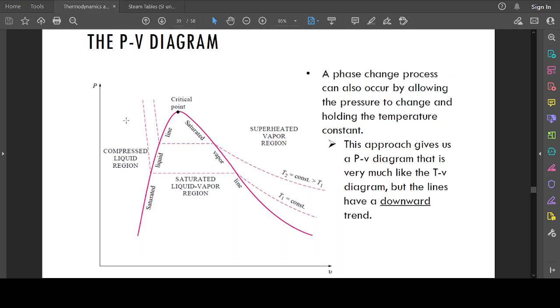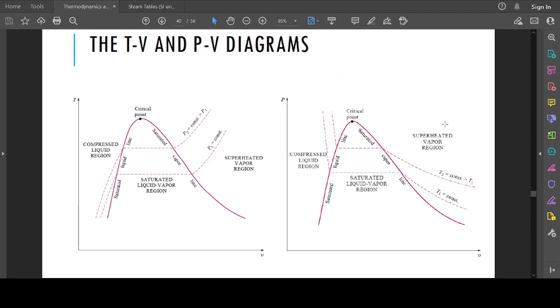But what happens, the compressed liquid will boil as the pressure reduces. So as the pressure reduces, at some point the water will boil, and when the pressure continues to rise at constant temperature, then we get a superheated steam. So the opposite of the TV diagram.